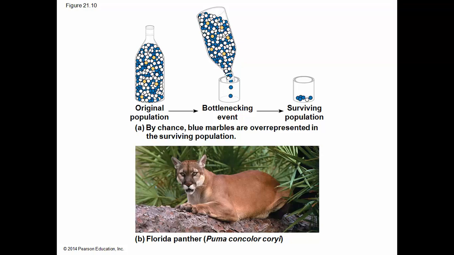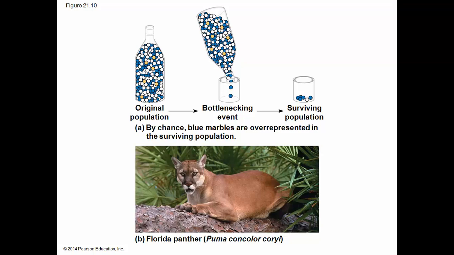Okay, so here's the genetic bottlenecking event. It happens with big cats because they have relatively small populations spread over a large area. The original population may carry a mixture of different traits. Then there's the bottlenecking effect, like the Florida panther was killed off over time by ranchers and people that were afraid of the animal.